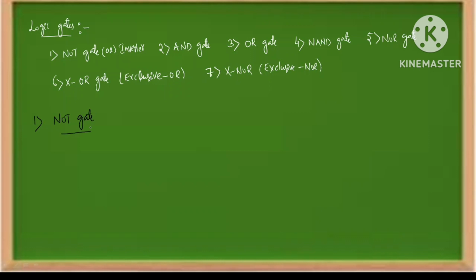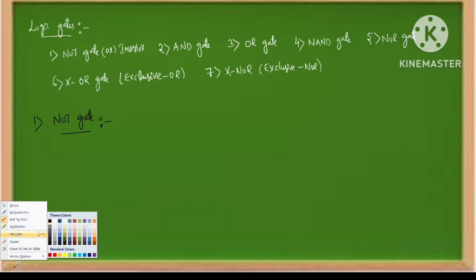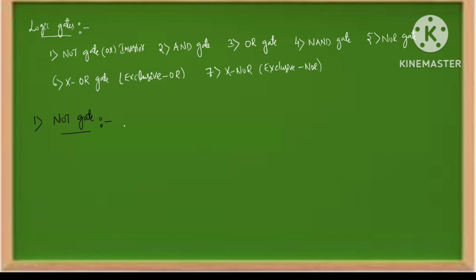The NOT gate's purpose is just to invert the input, meaning the output of the NOT gate is the complemented form of the input. Now, the symbol which is used to represent the NOT gate is this one.